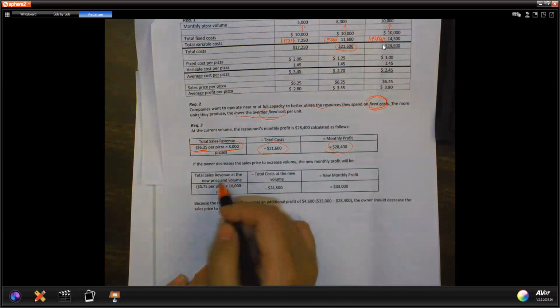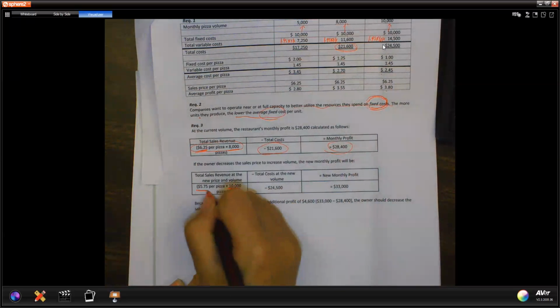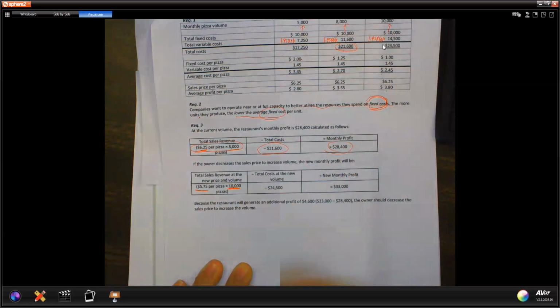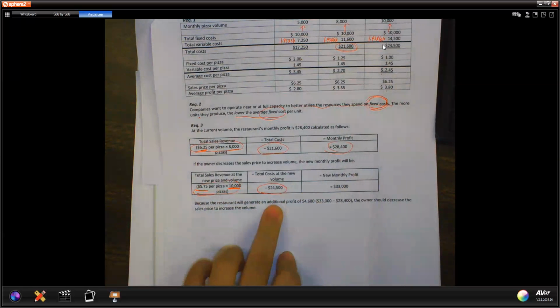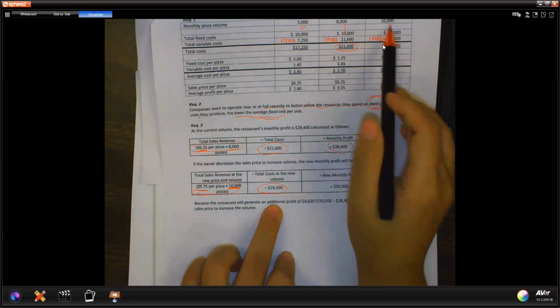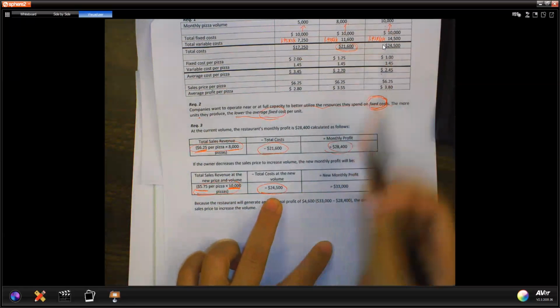The other situation is you sell 10,000 and sell cheaper at 5.75, dropping the price by 50 cents. That gives you total revenue. Under 10,000 units, your total cost will be 24,500.